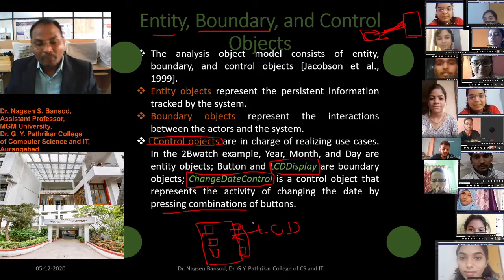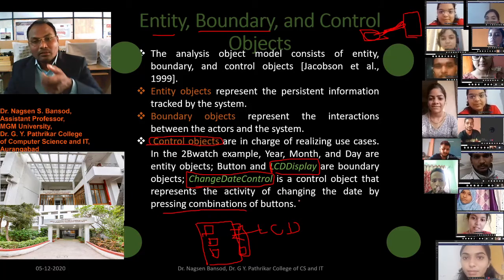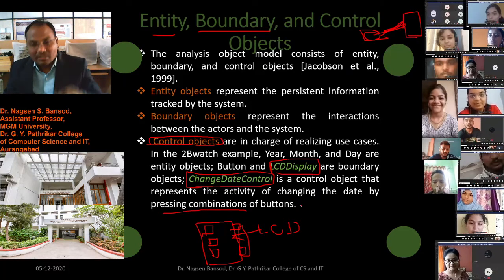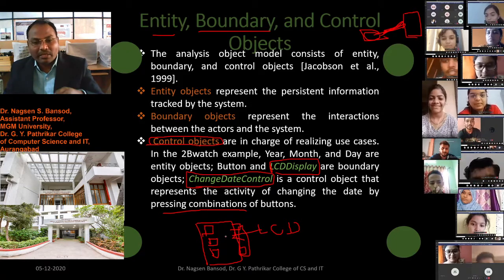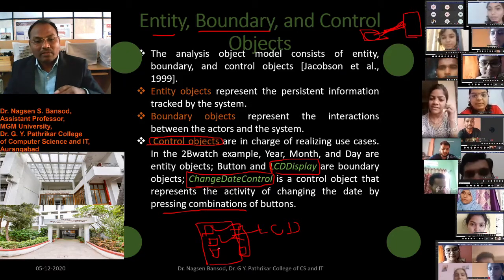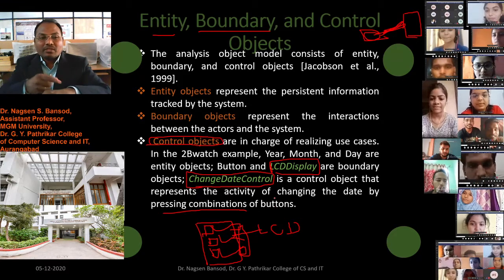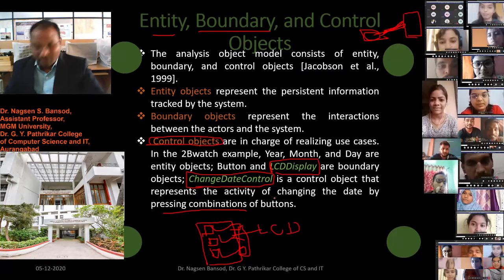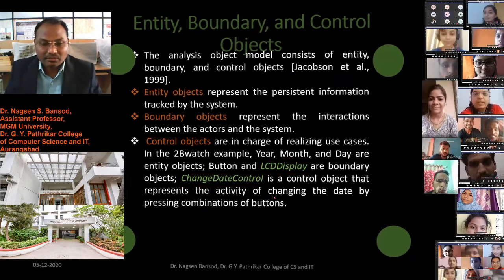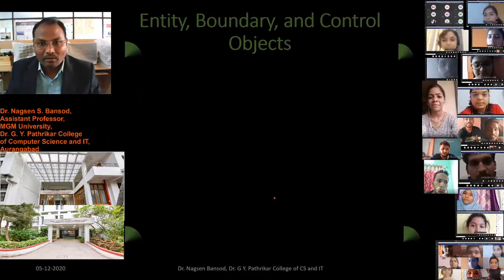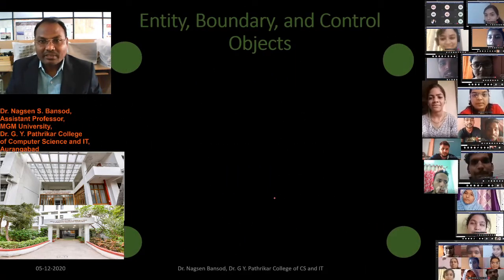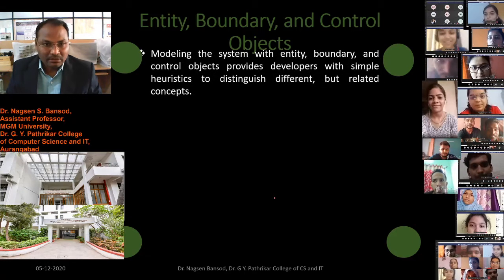By pressing combinations of buttons, the functions will change. Sometimes the date will change, sometimes the month will change, sometimes the year will change, according to the combination of buttons we are pressing. On the basis of that, this may change. These are the entity, boundaries, and control objects.